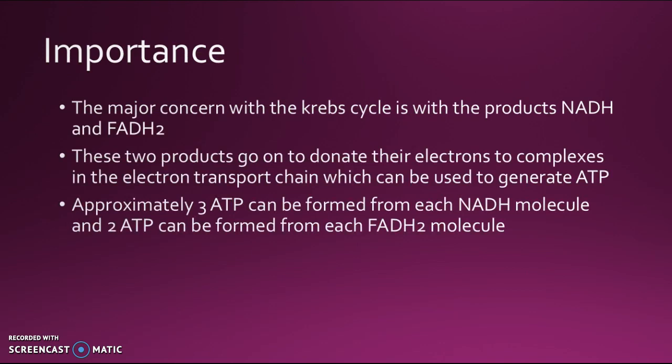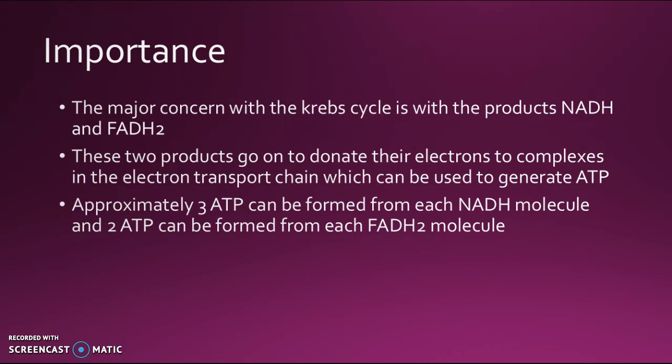So what is the importance of all of this? Like I said before, your major concern with the Krebs cycle are your products of NADH and FADH2, because these 2 products go on to donate their electrons to complexes in the electron transport chain, which is used to generate ATP. The electron transport chain is a whole other video in itself.